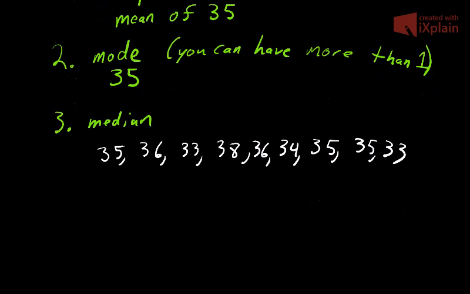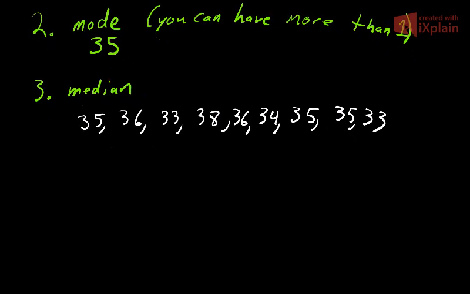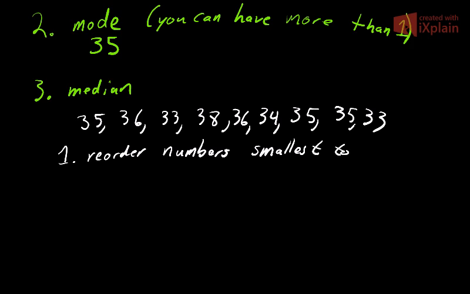Awesome. So what we want to do with the median, our first thing is going to be to reorder the numbers smallest to biggest. And after that, we're going to find the middle number.